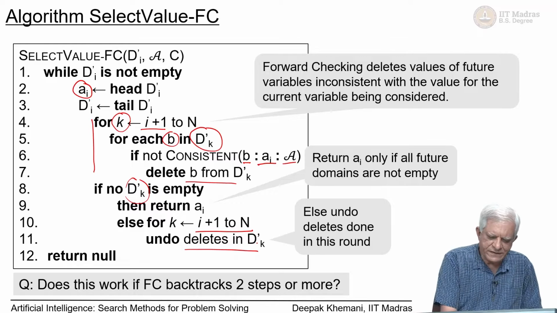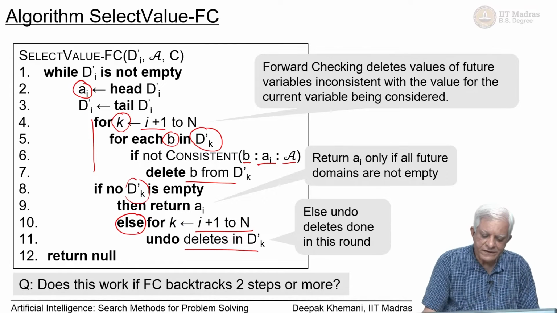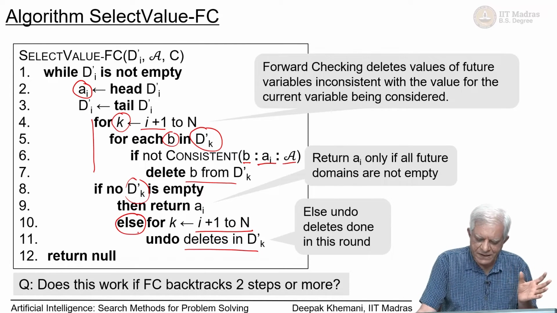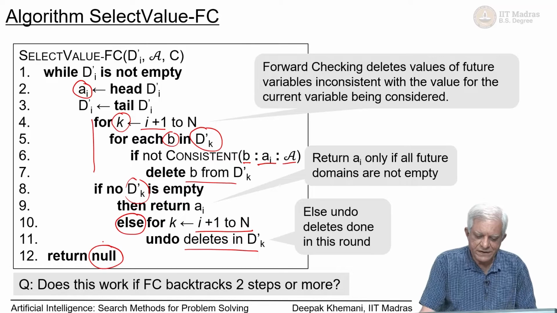And if that is the case, which is the else part essentially, that some domain became empty, which means you are not going to return a value for the ith variable essentially.